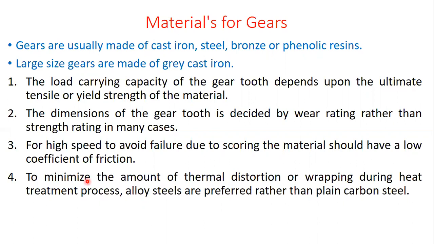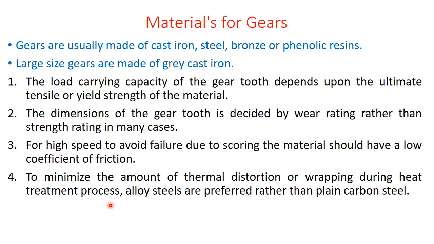And to minimize the amount of thermal distortion or warping during the heat treatment process, alloy steels are preferred rather than plain carbon steel. During the heat treatment process, the mechanical properties of the material are increased. As you can see in the material testing lab, to increase the hardness of a material or different properties, you go for heat treatment.